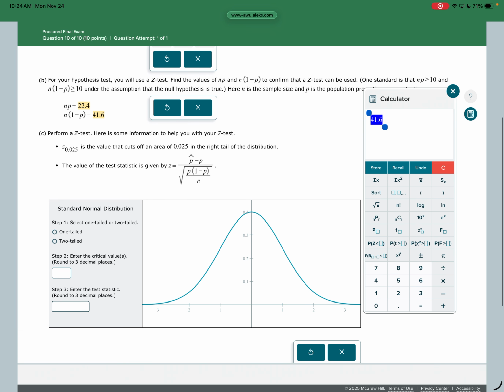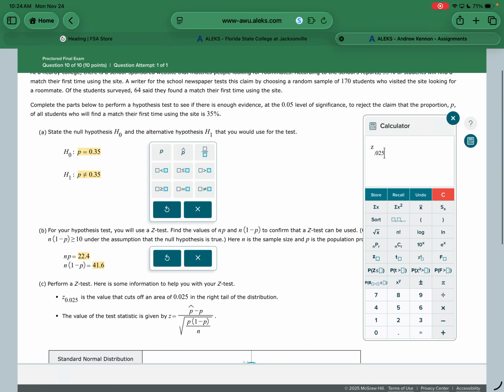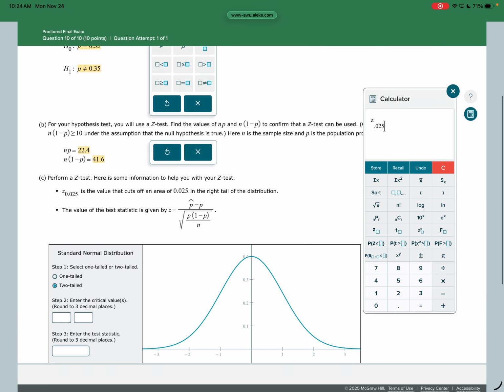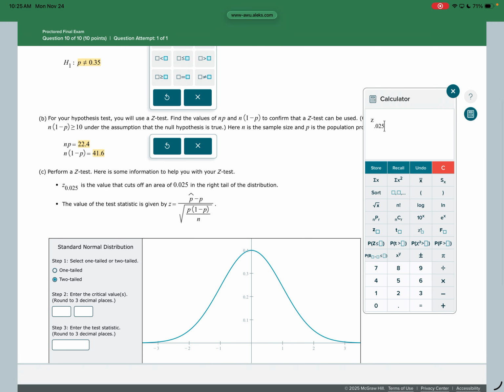All right. This is a two-tail because it's not equal to. So now we got to find the critical values. 0.025 is a value that cuts off the area to the right. So they are using 0.025 because, we can walk through this, the level of significance is 5 percent, so that means you get 2.5 on the right and 2.5 on the left. That's why they do 2.5.